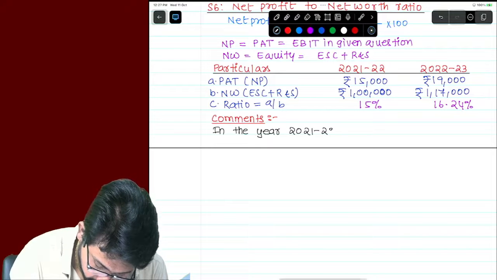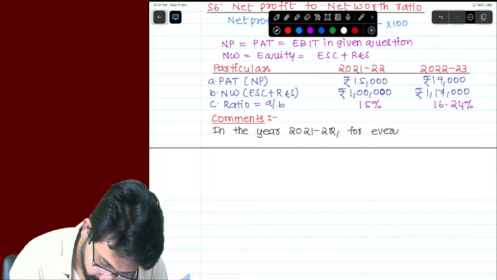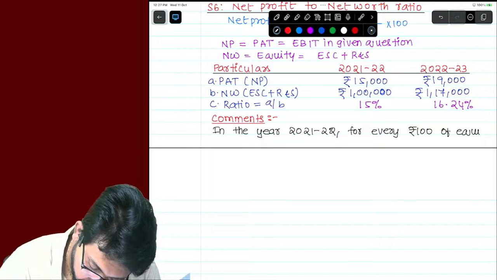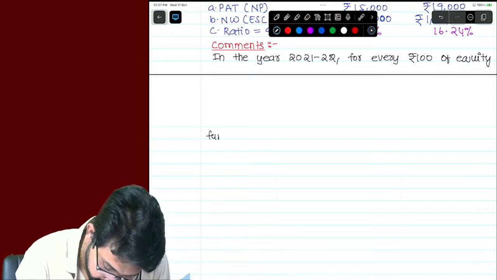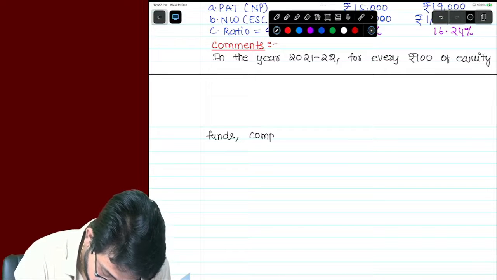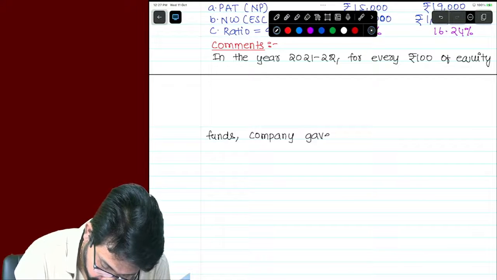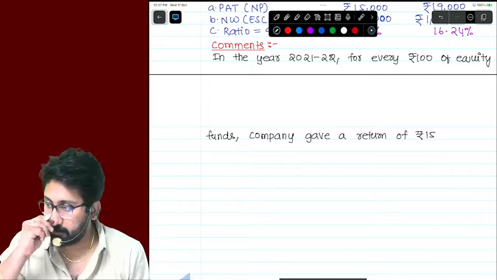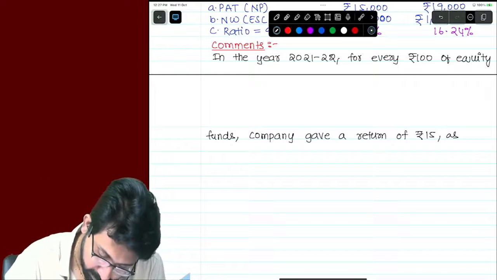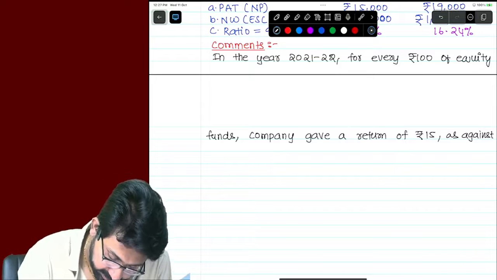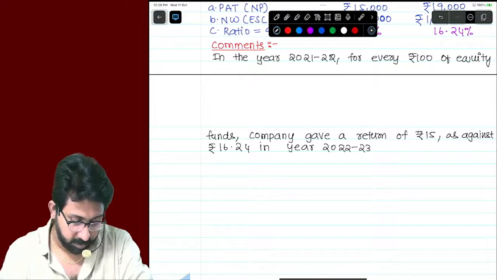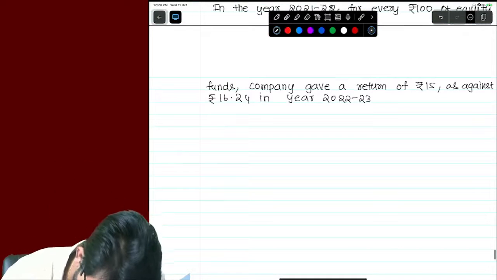In the year 21-22, for every rupees 100 of equity funds, the company gave a return of rupees 15, as against rupees 16.24 in 22-23.